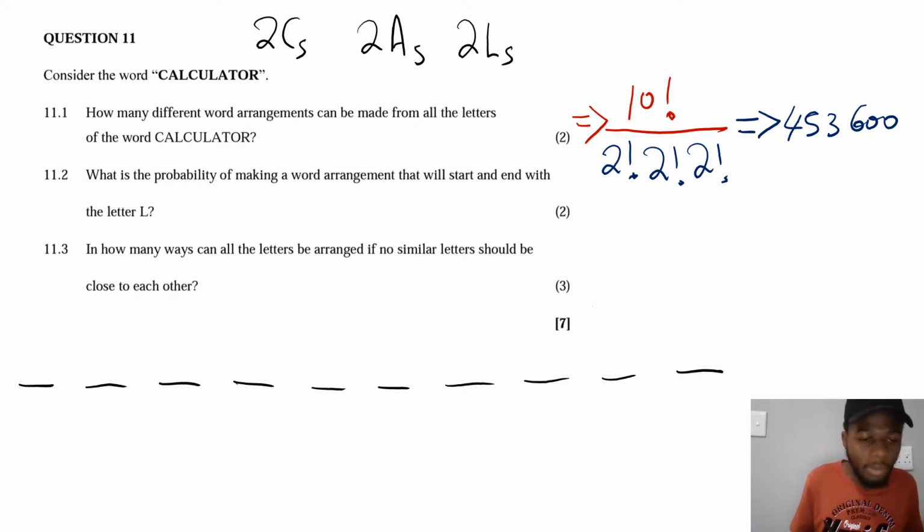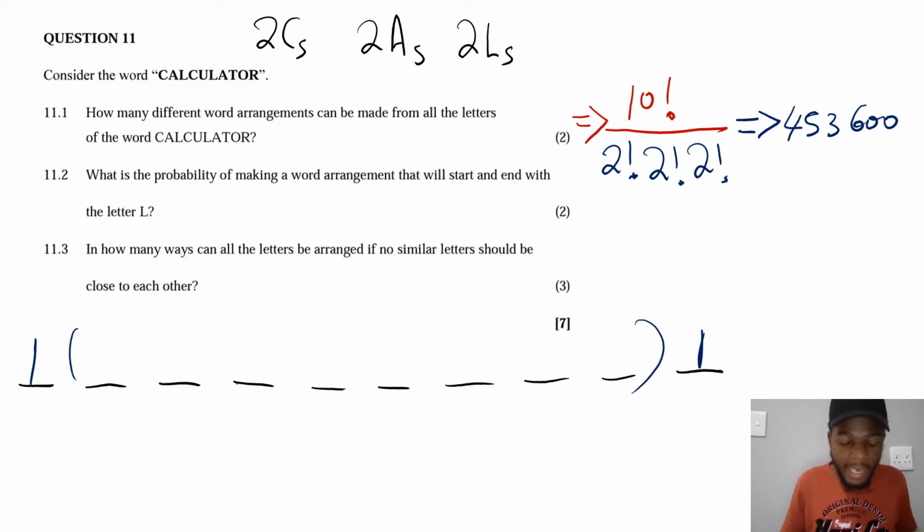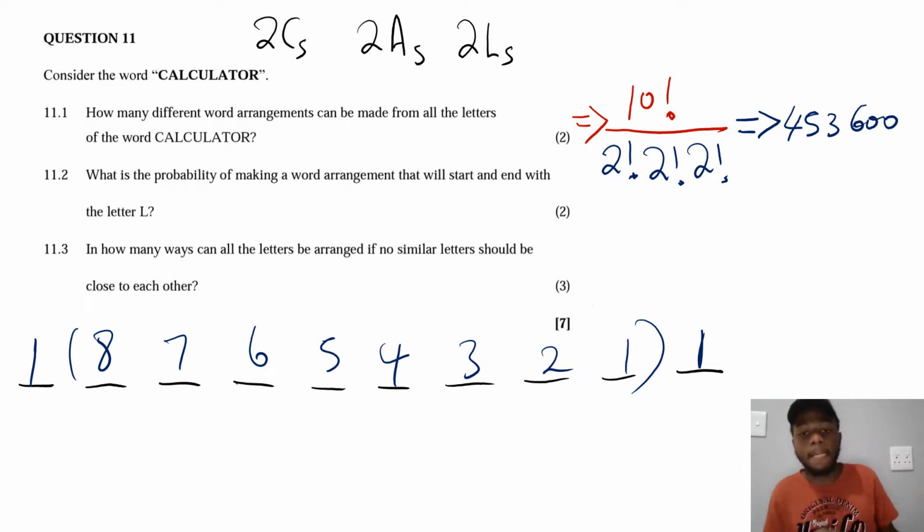If we place L, it will be 1 L here, and 1 L here. Here we will not be having L. Those letters in between will be changing positions. We'll be left with 8, 7, 6, 5, 4, 3, 2, then 1. This is our condition.